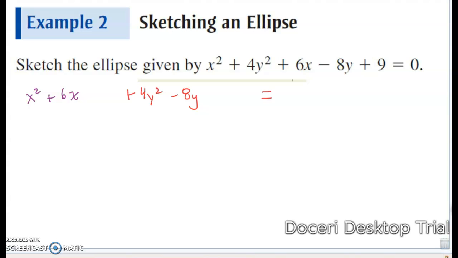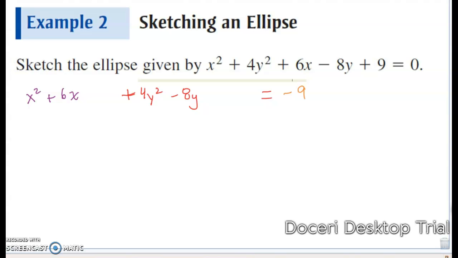Leave some space there, and that is equal to, I'm going to move the constant over to -9.